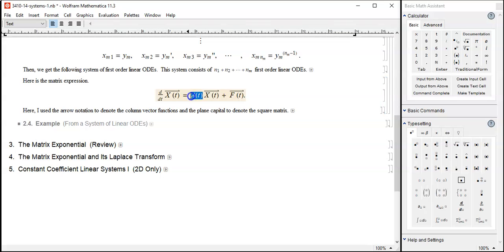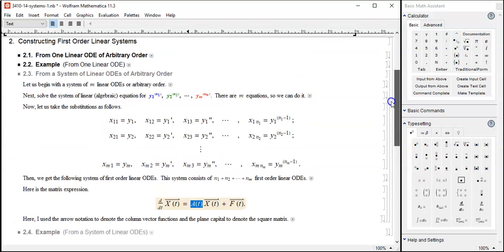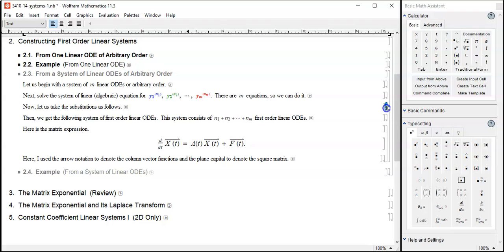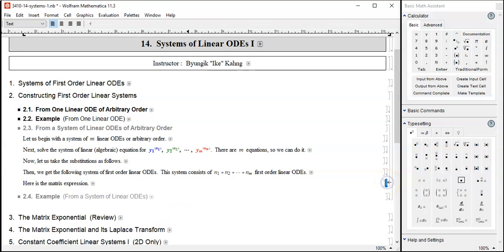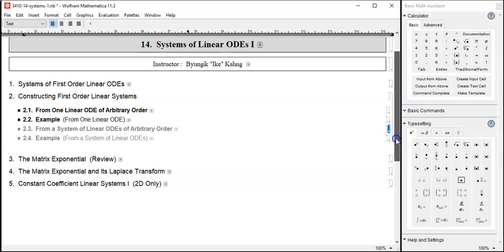But what is this matrix A? That's going to be really complicated, so I wouldn't bother. In any case, it is possible. So any system can be brought down to a system of first-order linear ODEs. If you can solve a system of first-order linear ODEs, then theoretically, at least, we are through.